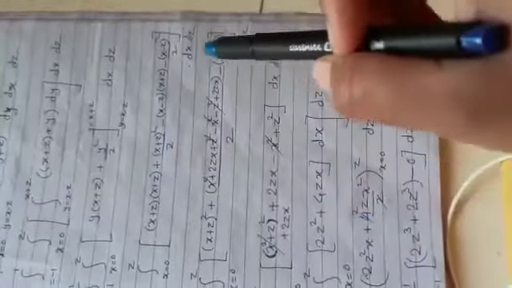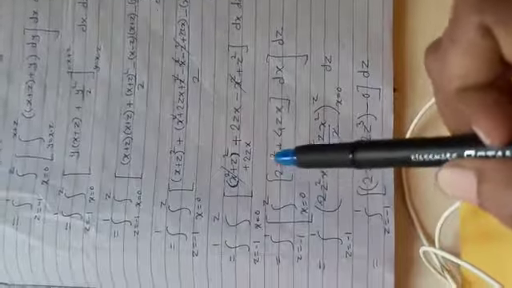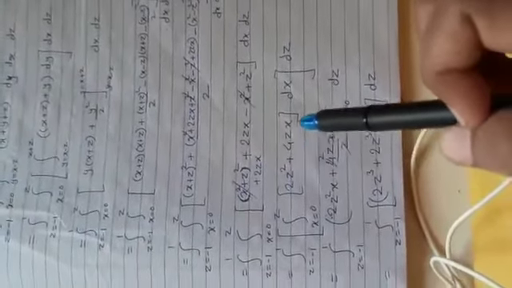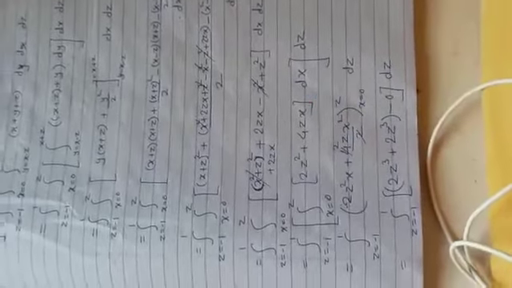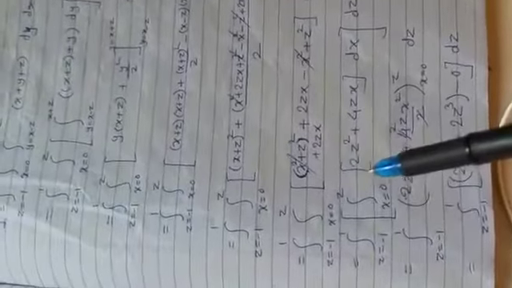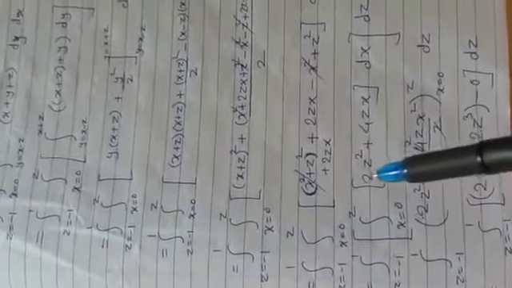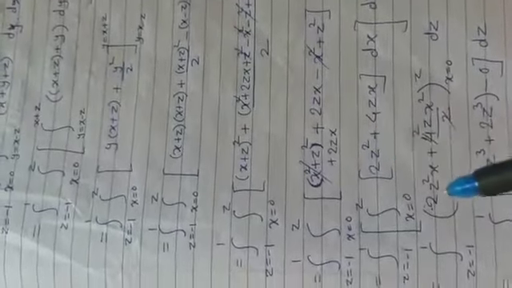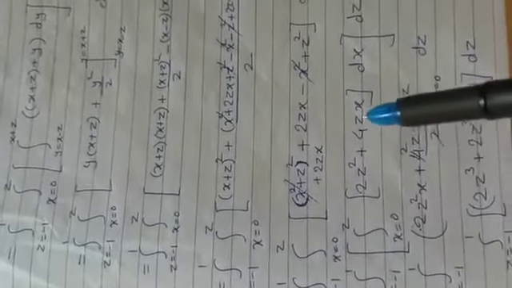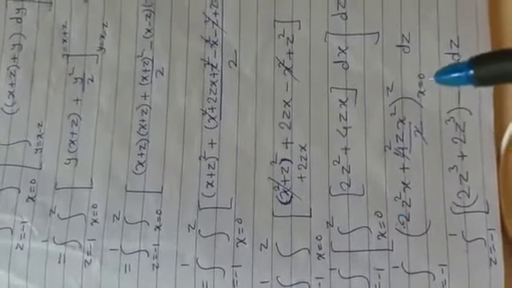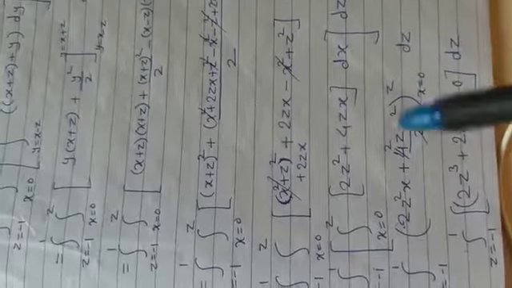I have simplified this function, and the resultant you are getting is 2z square plus 4zx into dx. Now we are going to integrate this with respect to x. Integration of 2z square with respect to x is 2z square x, and integration of 4zx is 4z x square by 2, within the limit x equal to 0 to z.